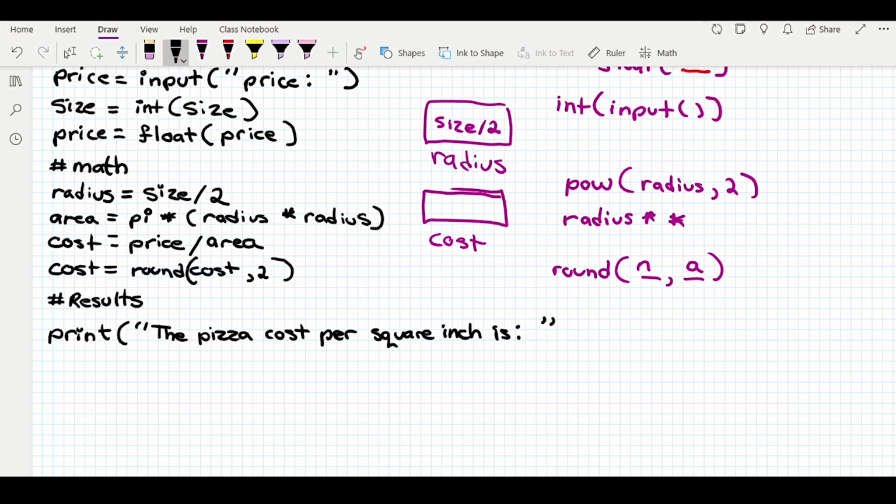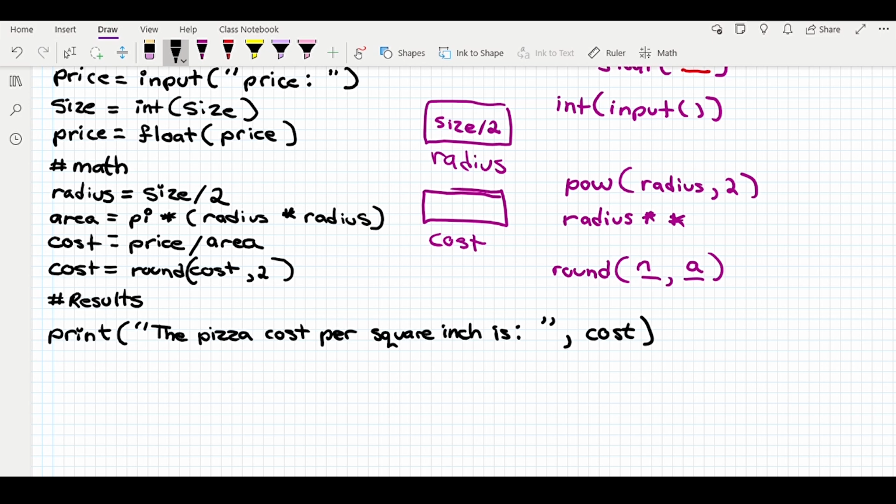So I'll add a comma and do, no, not result, cost. And then close the parentheses.